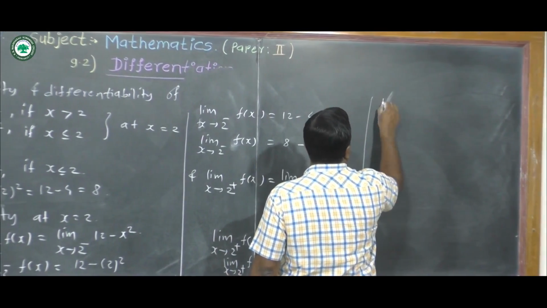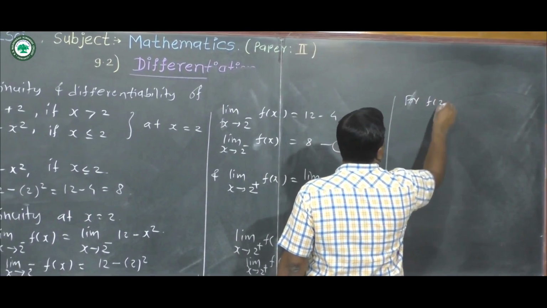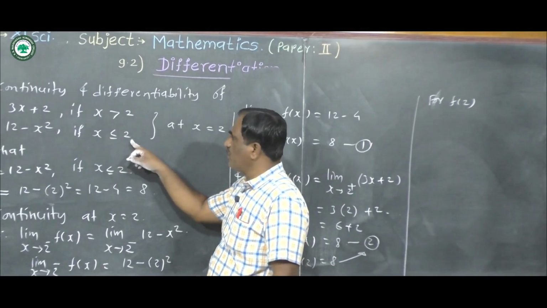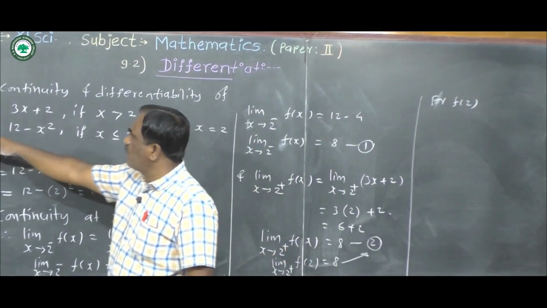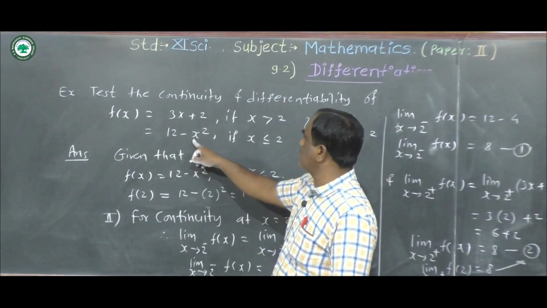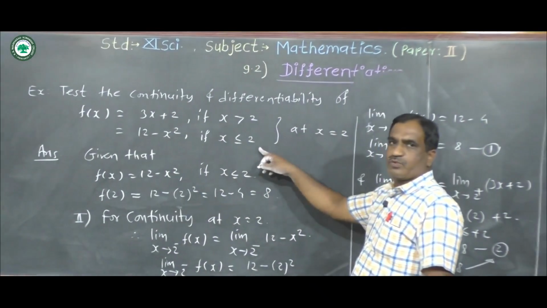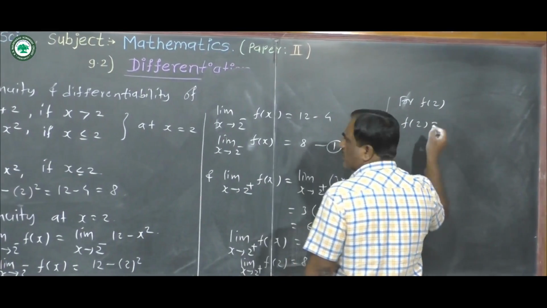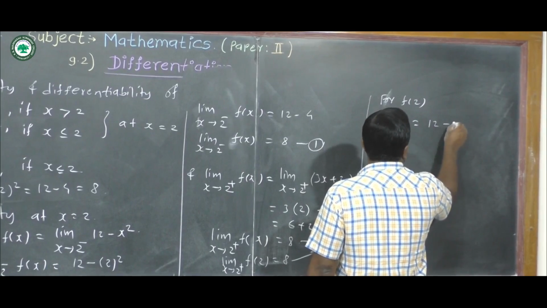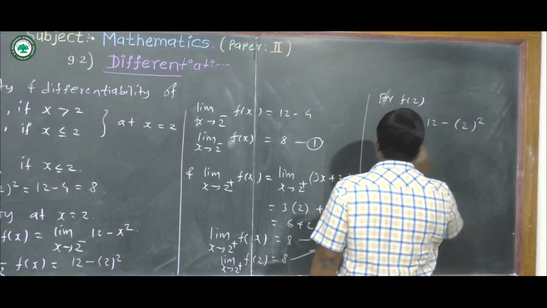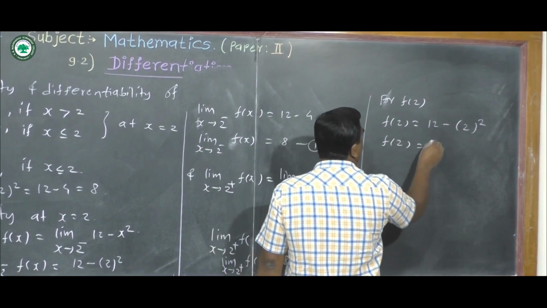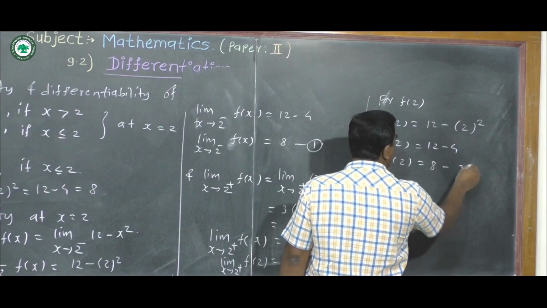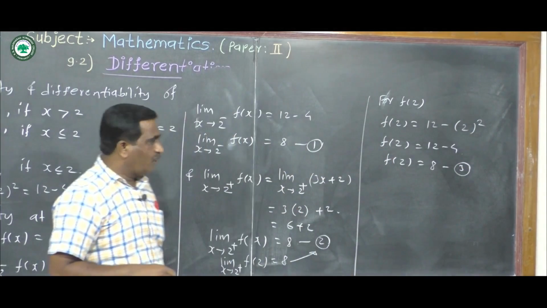Here x is equal to 2. Therefore, we consider the value of f of x as 12 minus x square and put x equal to 2. Then we can find the value of f of 2. f of 2 is equal to 12 minus 2 square, that is f of 2 is equal to 12 minus 4. f of 2 is equal to 8. Equation third.